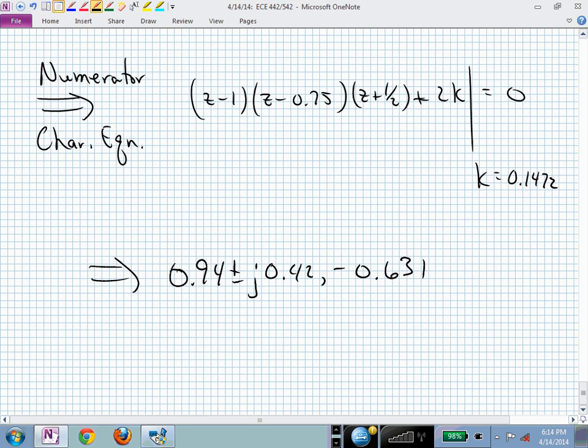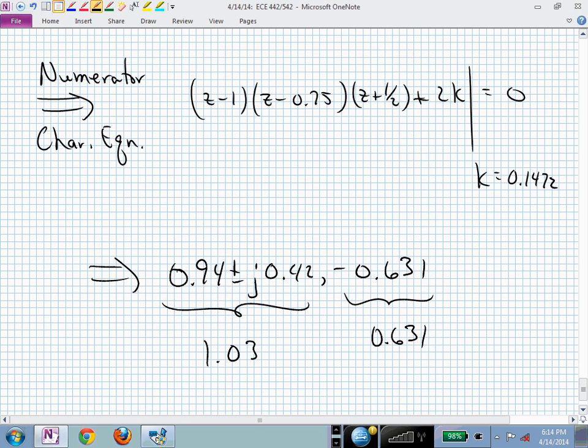You just find the magnitude of those complex poles. The magnitude of that complex number ends up being 1.03. This one's pretty easy. That's 0.63. So that's a little bit too big. But it was just an eyeball guess. It got us pretty close, didn't it, to a stable value for k. So we need to not crank up the gain quite that much.